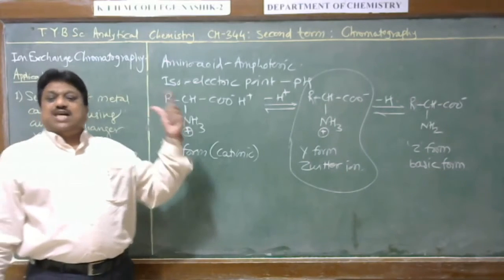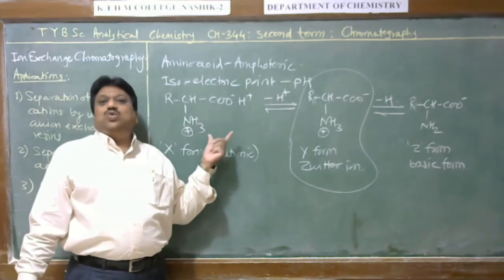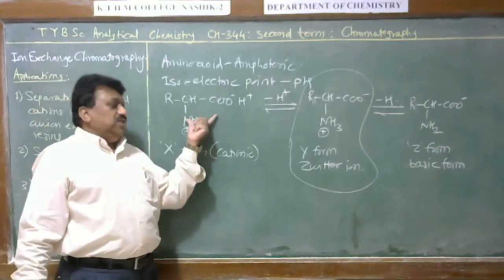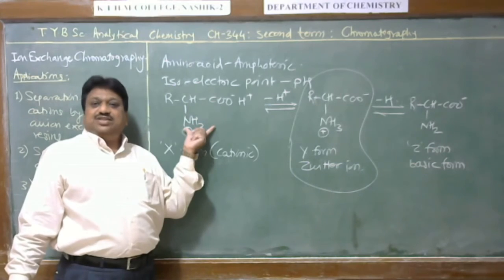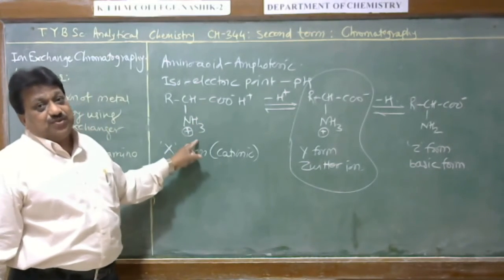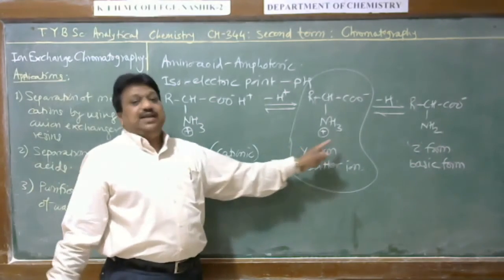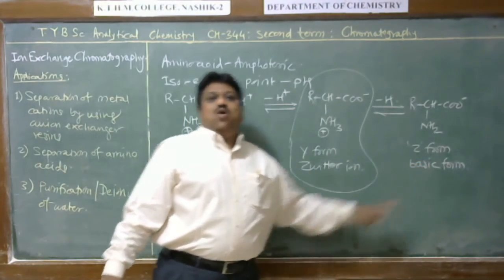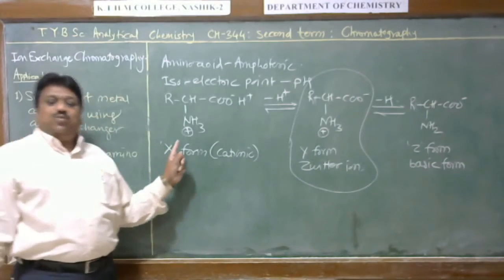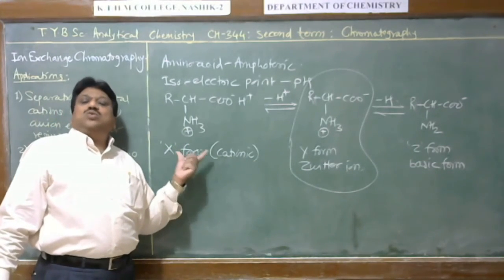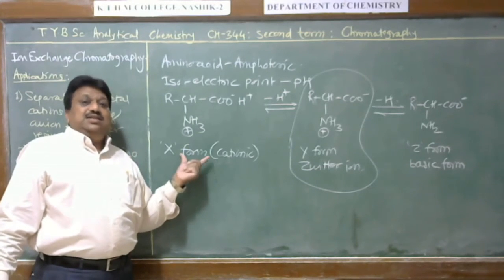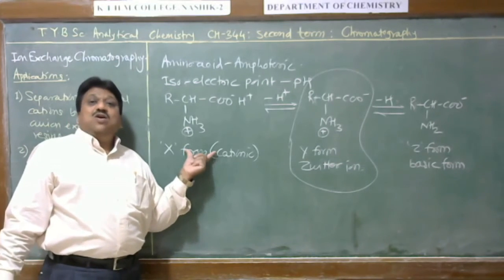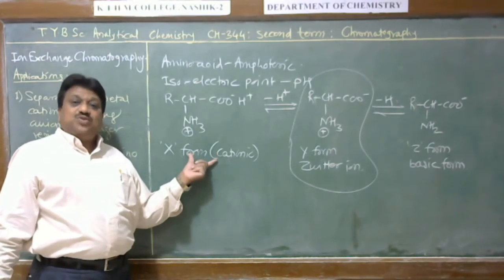After they are separated, we can carry out elution of those amino acids by changing the pH. Again, if this form is exchanged on a cation exchanger resin and we change the pH of the solution, then it may be converted into either zwitter ion form or anionic form. Zwitter ion form or anionic form is not adsorbed onto the cation exchanger resin. Then the elution process is carried out by changing the H plus ion concentration, or by changing the pH of the solution.